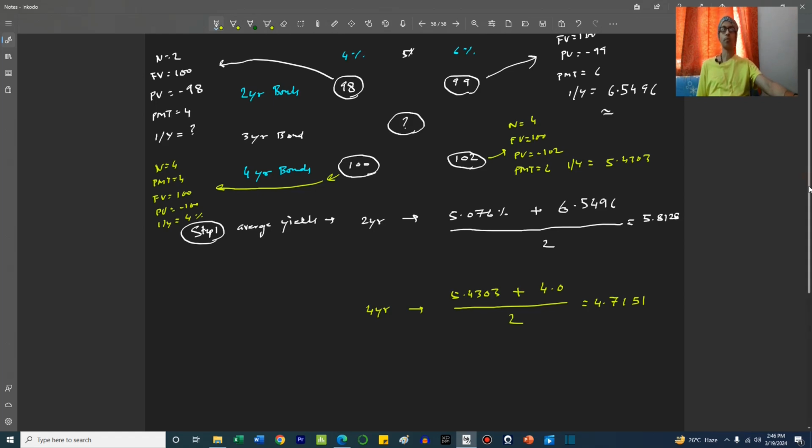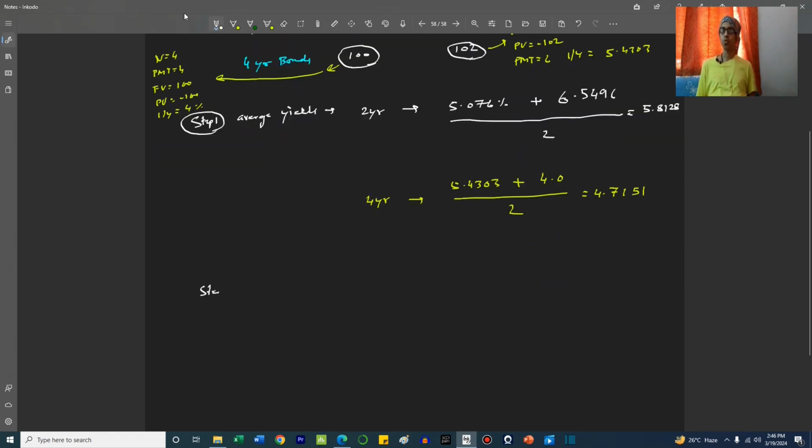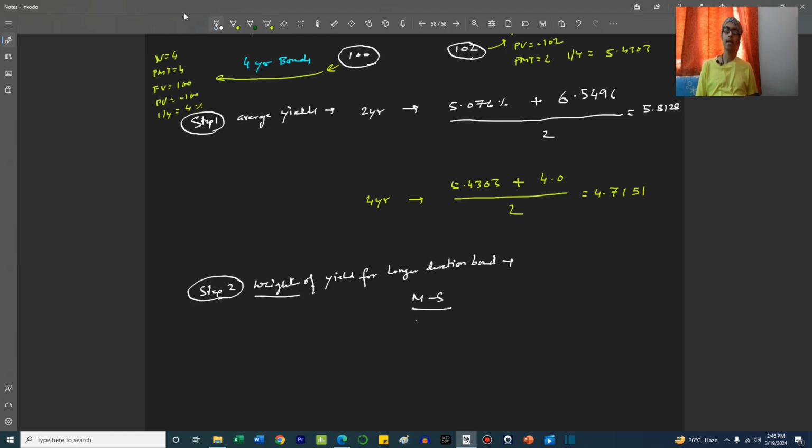Now we go to step 2, which is finding the weight of yield for the longer duration bond, that is the 4-year bond. There is a formula for this. The weight is (M minus S) by (L minus S).